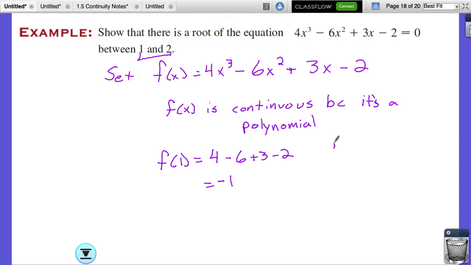Then plugging 2 in, I get 2 to the third, which is 8, times 4, which is 32. Minus 2 squared is 4 times 6, which is 24. 3 times 2 is 6. Minus 2. Which is what? 12?